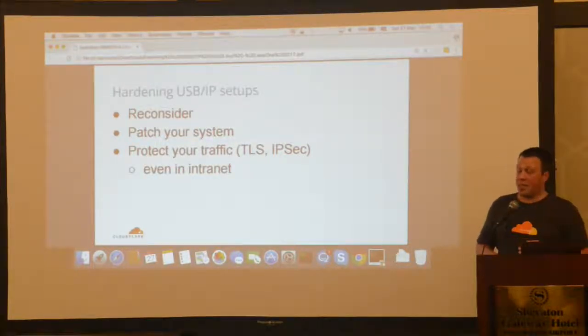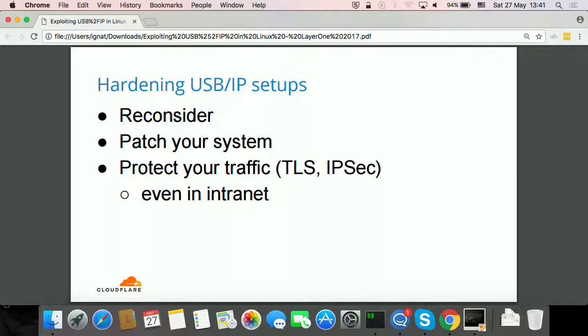So you can subvert the system in many, many ways. And protect your traffic even in an intranet, as we saw from previous talks and previous security conferences, and will hopefully see in Fail of Things today: even if you think your home network is secure, you have these fancy IoT devices, and you may never know who is sitting in your intranet.